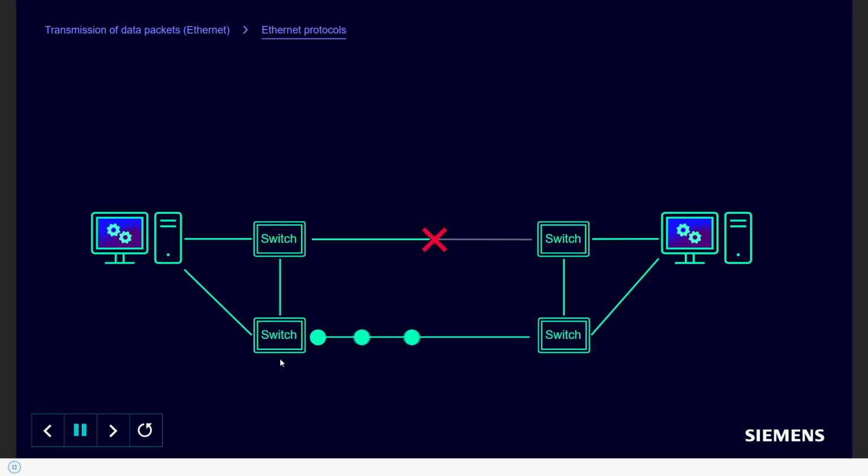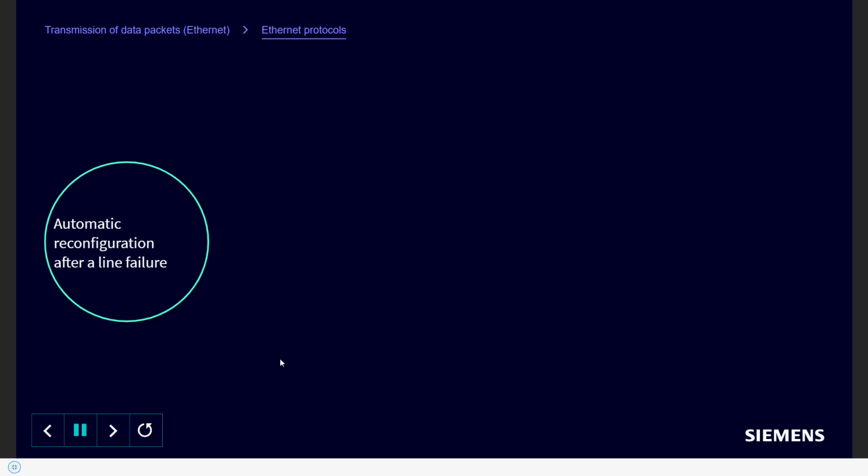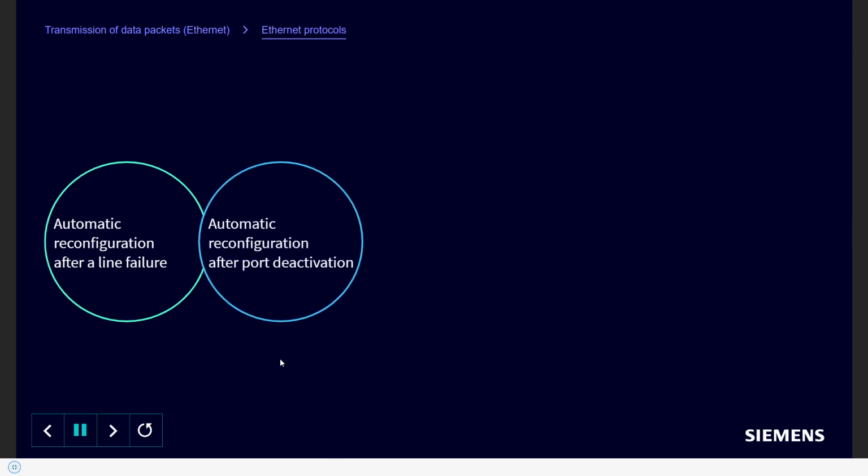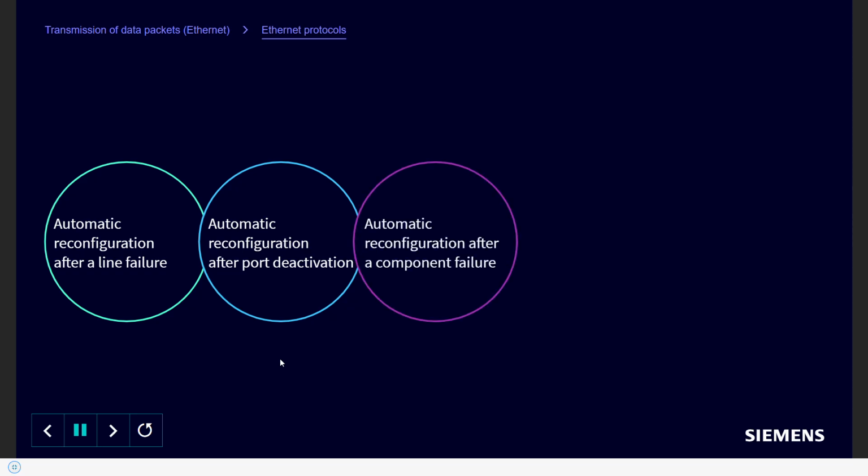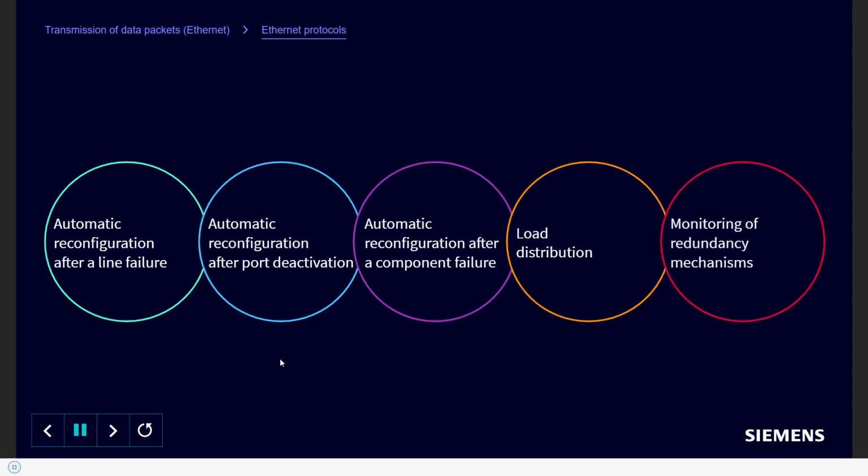High network availability can be achieved with reliable devices, redundancy, and error-tolerant systems. Using a network topology which enables fast convergence for isolating an error makes sense. Typical redundancy requirements include automatic reconfiguration after a line failure, automatic reconfiguration after port deactivation, automatic reconfiguration after a component failure, load distribution, and the monitoring of redundancy mechanisms.